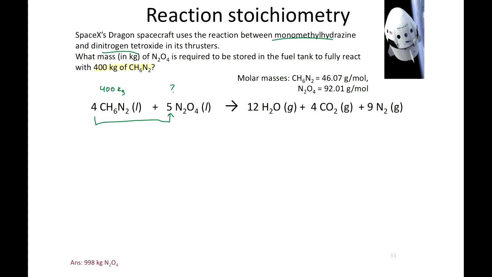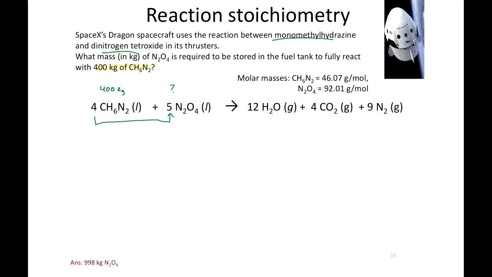You can get off the bus at any time. In this case, we are going to get on the bus at what's given, monomethyl hydrazine, and get off on the other reactant, the dinitrogen tetroxide. It's the same strategy: we use the molar mass of the thing given, we use stoichiometry, and we use the molar mass of the thing we want.